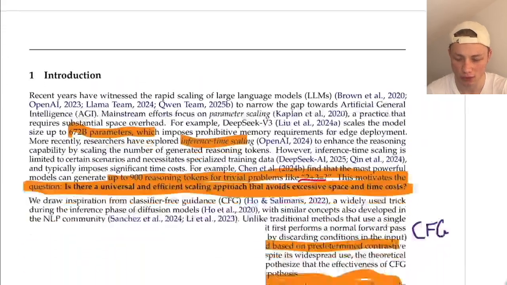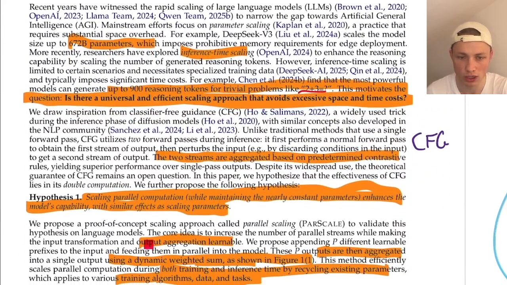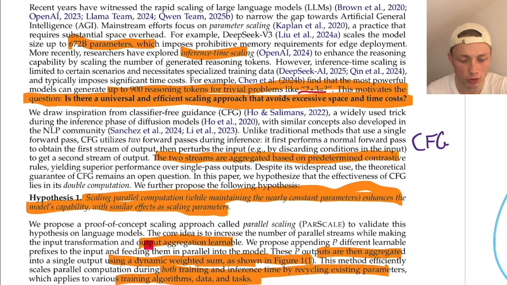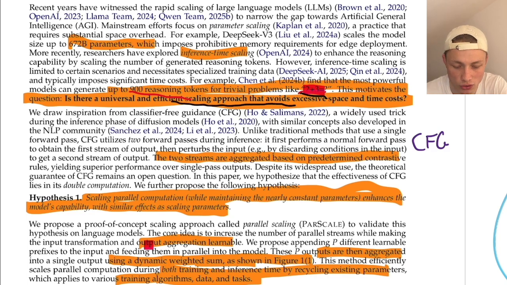Let's just have a quick view into the introduction. Here they're referring just to the idea, okay, inference scaling brings some problems with it, and one problem is that we are maybe generating up to 900 reasoning tokens for a very easy task like calculating 2 plus 3. This is why they asked for a universal and efficient scaling approach that avoids excessive space and time costs.